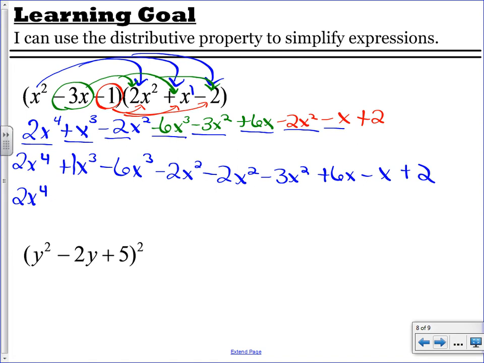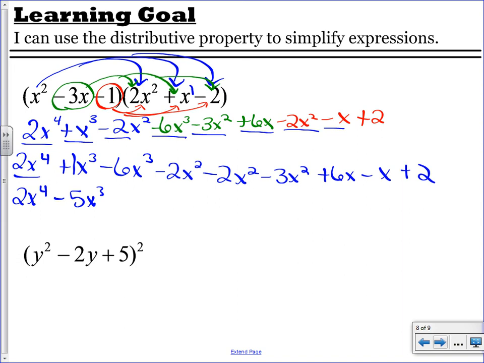So I have 1 minus 6. What do I get? Negative 5. Good. X cubed. What do I do next? 1 minus 2x. 1x. How did you get that?